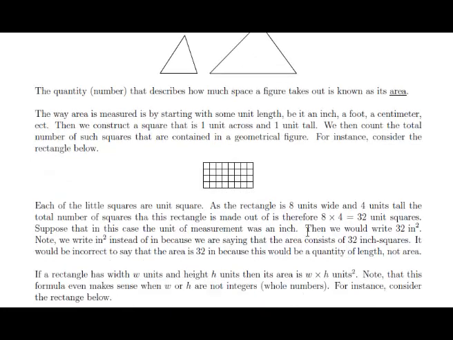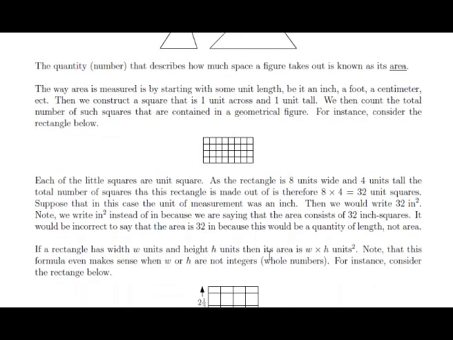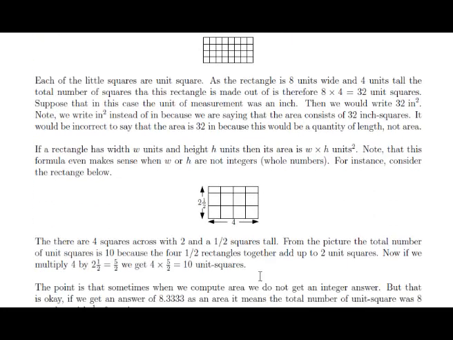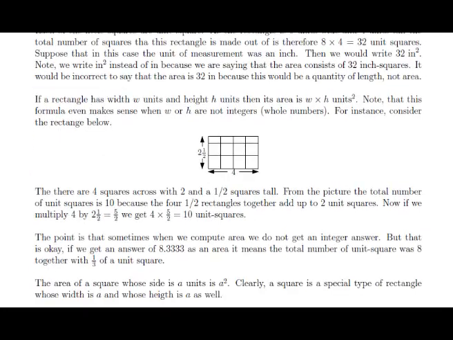So this would be 32 square units. The same thing is true if you have a half unit. For example, if you have 4 as the length and 2.5 as the height, then 4 times 2.5 is 10 square units altogether.